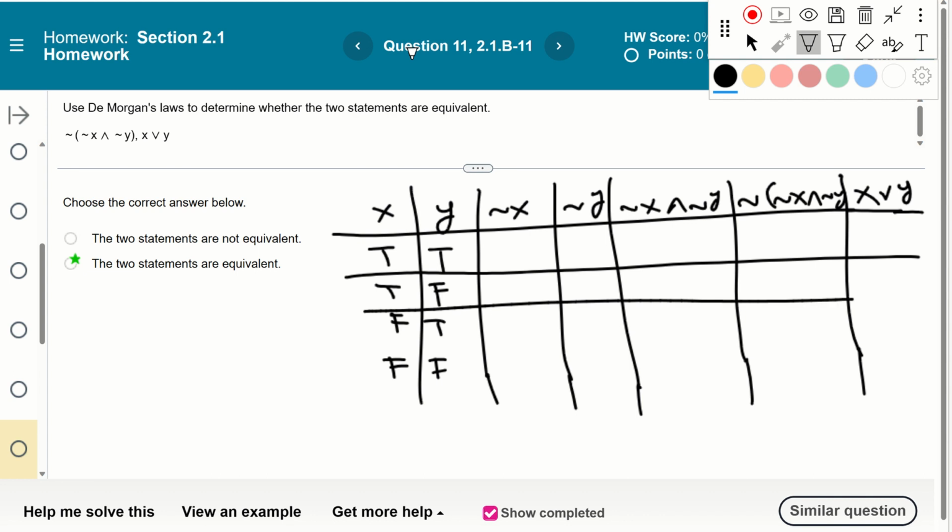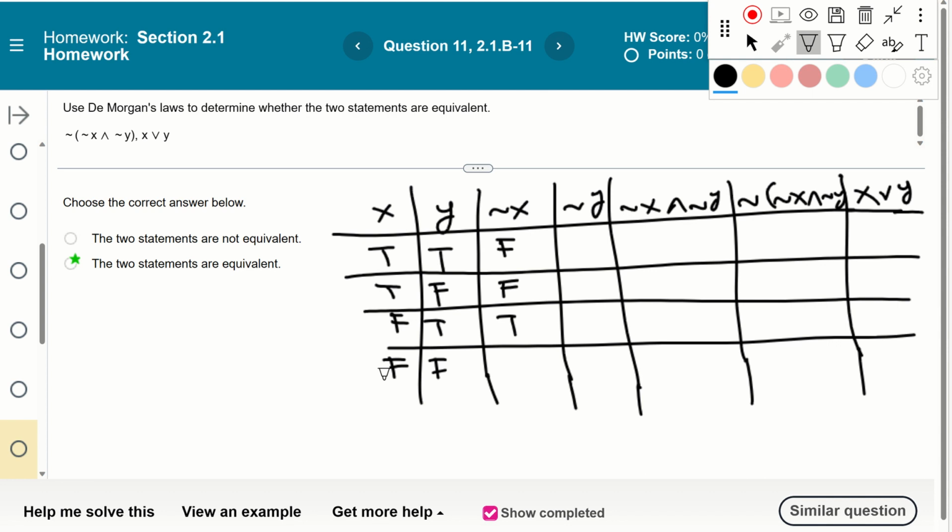Let's try to keep these kind of clean. All right, so now we're going to look at not x. Remember, if x is true, not x is going to be false. Here again we have x is true, so false for not x. If x is false, not x is going to be true.